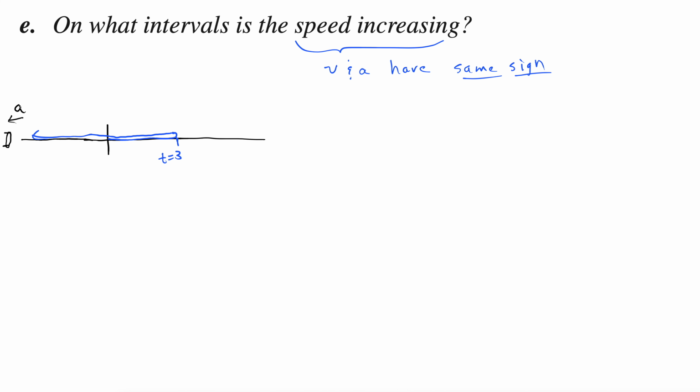So the acceleration is always in the left direction physically. It's pulling us to the left. It's a negative 6 acceleration, but the velocity initially starts out in the right direction, and the acceleration is pulling it back. So it's going to slow down, slow down, slow down, and then at t equals 3, it turns around and then it starts going off to the left. So it's slowing down when it's moving in the positive direction.